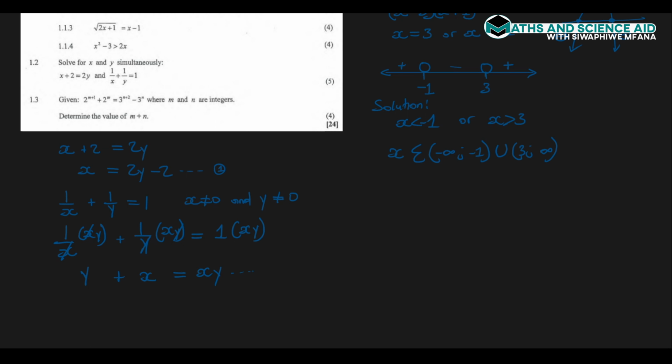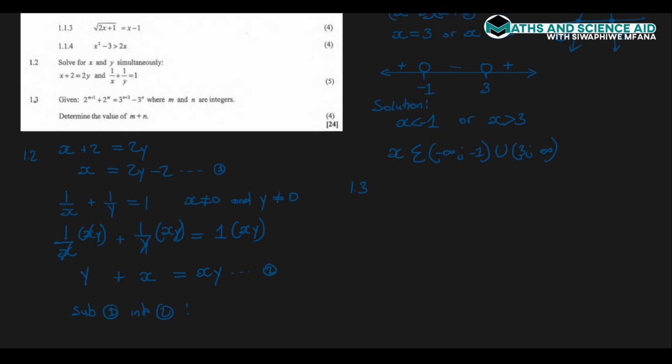Now you can already just leave this as your equation 2, and of course the next thing that you can do now is substitute equation 1 into equation 2. All right, and from there on you would be able to solve for x and y. Okay, so I'll leave the rest of it for you to do. You can let me know in the comments if you have any challenges with doing that.